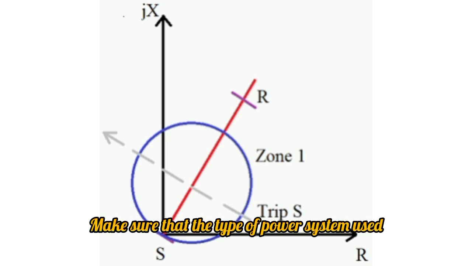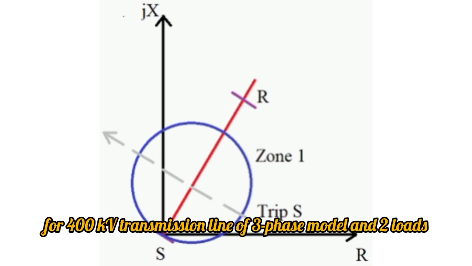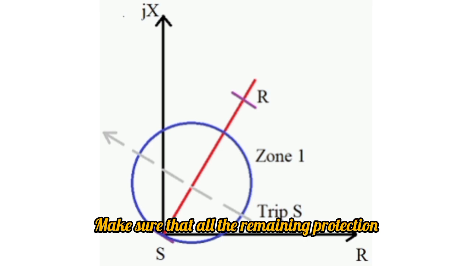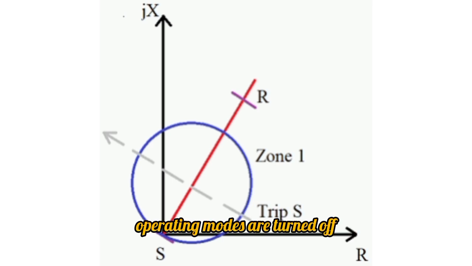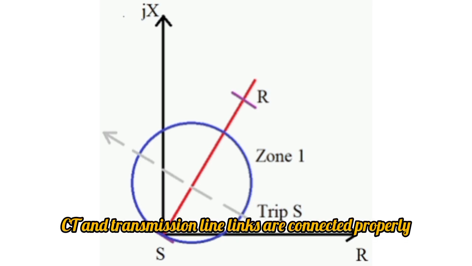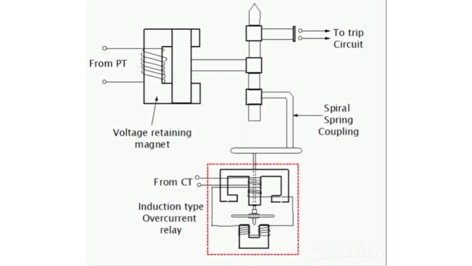Make sure that the power system used is a 400 kV transmission line of 3-phase model with 3 resistive loads of 9 kV, and should operate at 400 volts. Make sure that all the remaining protection operating modes are turned off while testing any protection mode. Check that all connections of PT, CT, and transmission line links are connected properly.